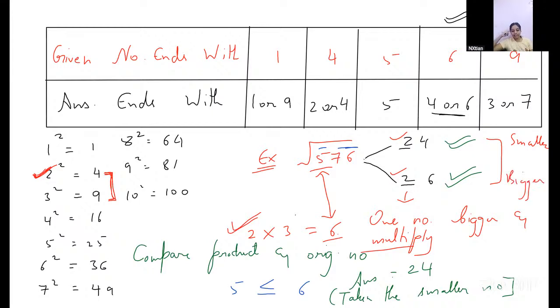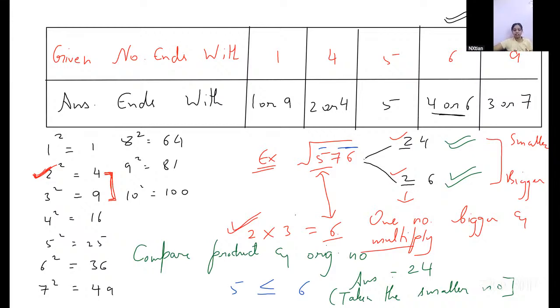When the product is bigger, we take the smaller number. If 5 was bigger, if it was 4 here in the product, we would have taken 26, that is the bigger number. But if the product is bigger, then we take the smaller number, that is 24. And that becomes our answer.